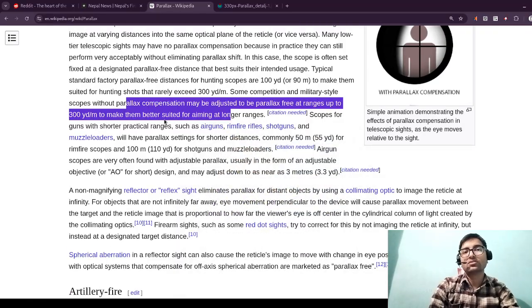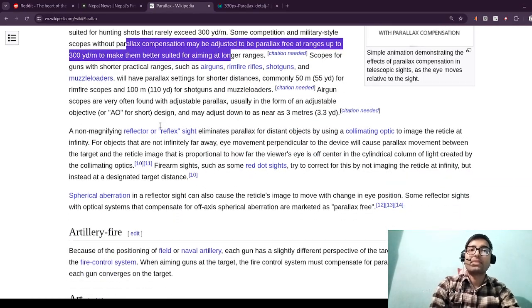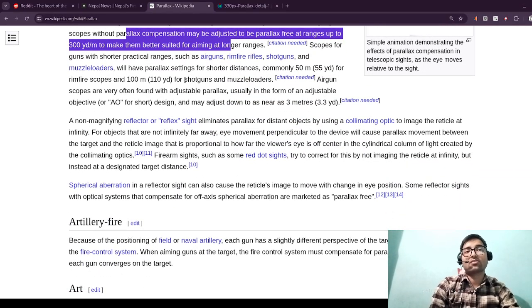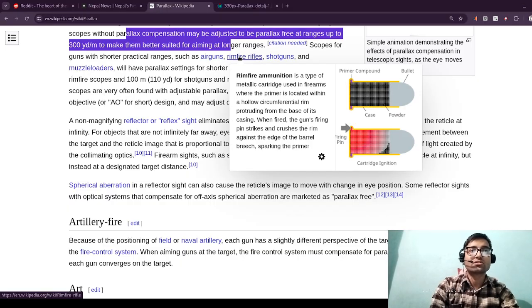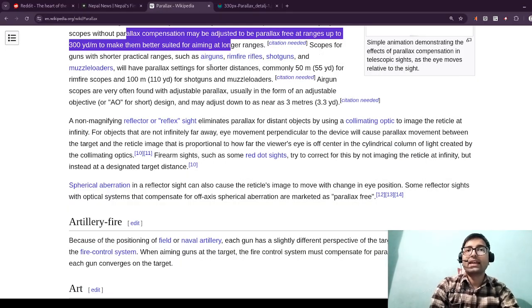Scopes for guns with shorter practical ranges such as air guns, rimfire rifles, shotguns, and muzzleloaders will have parallax settings for shorter distances, commonly 50 meters or 55 yards.